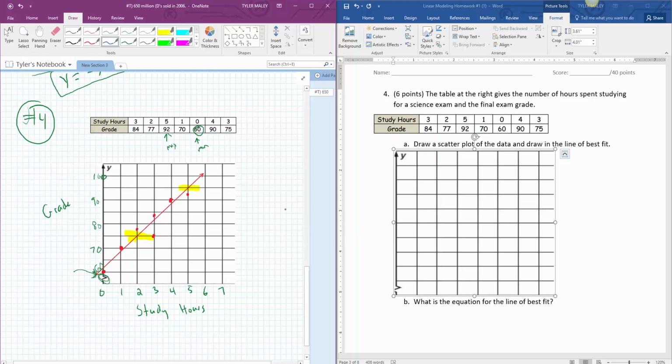So the first point looks to be 2, 75, and then this point here lines up with 5, 95. So the first thing I need to do is find my slope. So we'd have 95 minus 75 all over 5 minus 2. This gives me slope equals, so 95 minus 75 is 20, and then 5 minus 2 is 3.